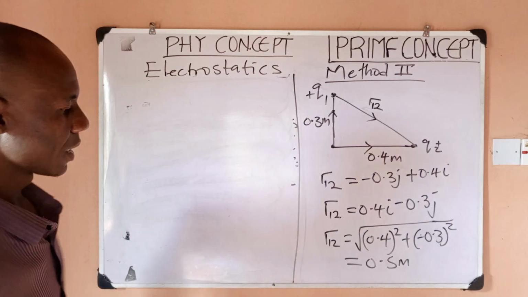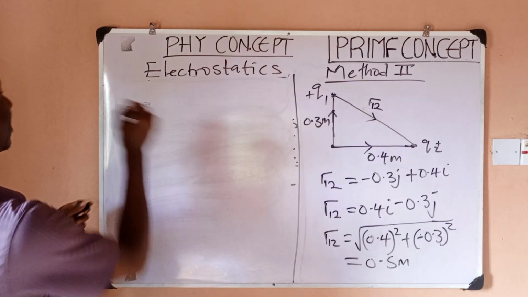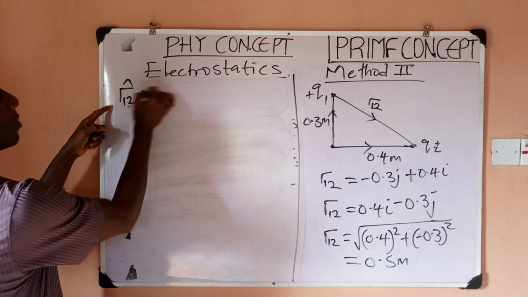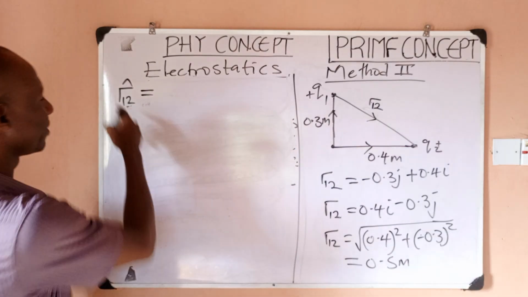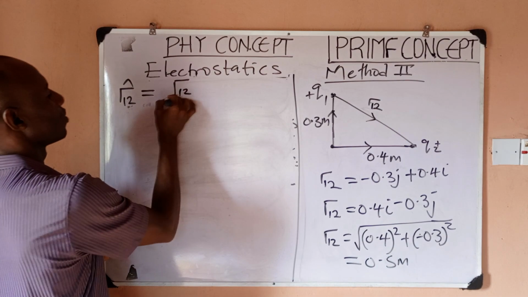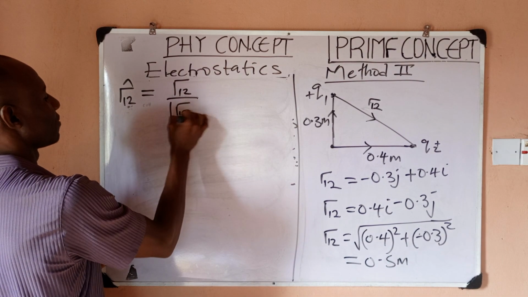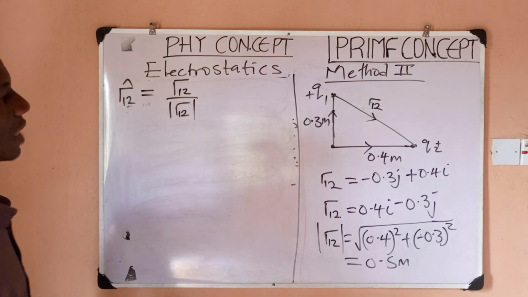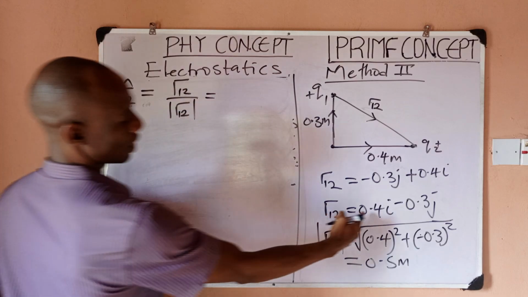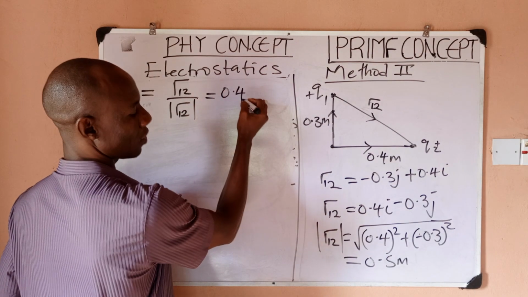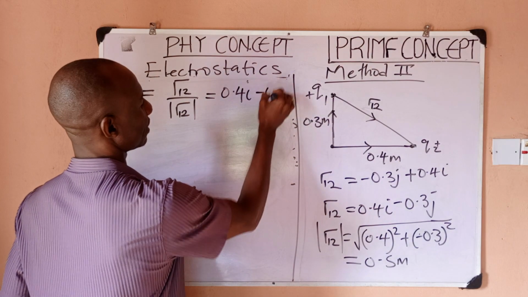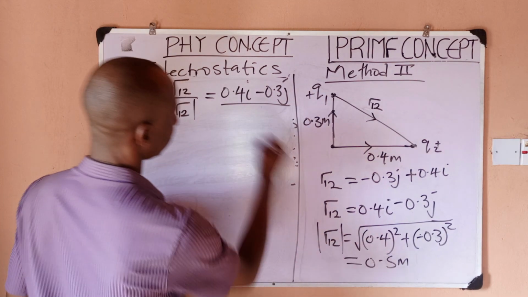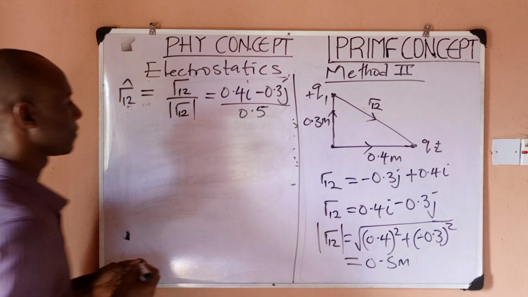Now, the next thing I want to find is my unit vector R1. Remember I told you the formula for the unit vector is R12 divided by the magnitude of R12. This is how we denote magnitude. What is our R12? R12 is 0.4i minus 0.3j, divided by our magnitude. What is our magnitude? 0.5.